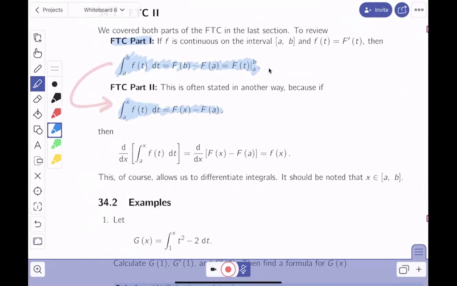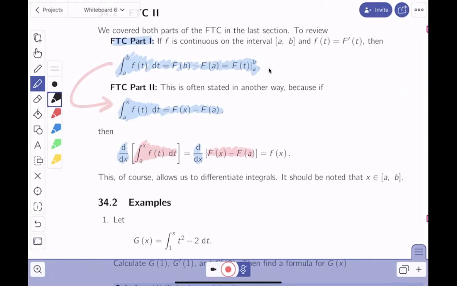That seems like a reasonable statement. Then what do they do, which may seem completely unreasonable too? They differentiate both sides. All right. So let me write down what they're doing. They're differentiating both sides. So the left side and the right side.